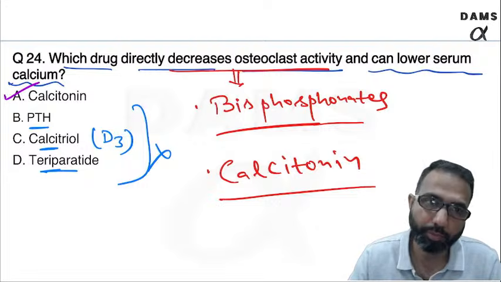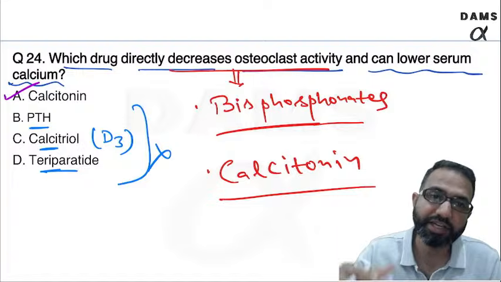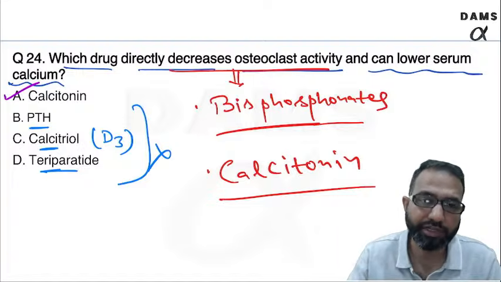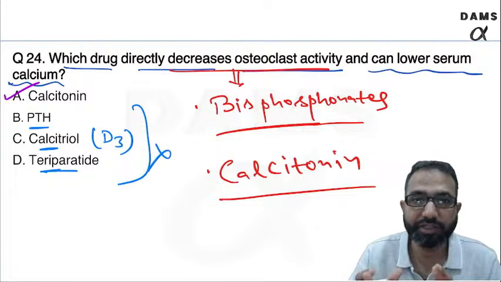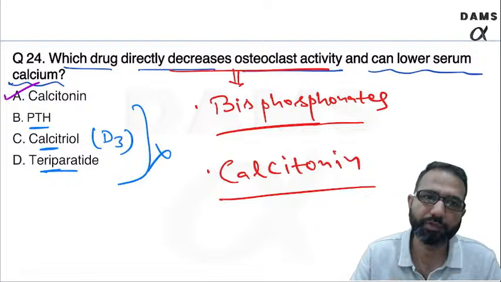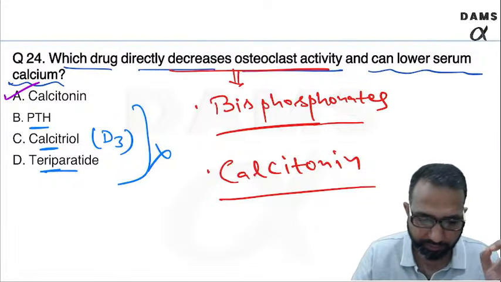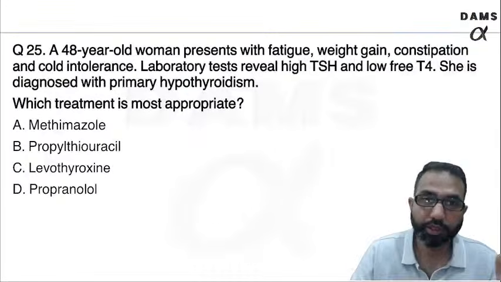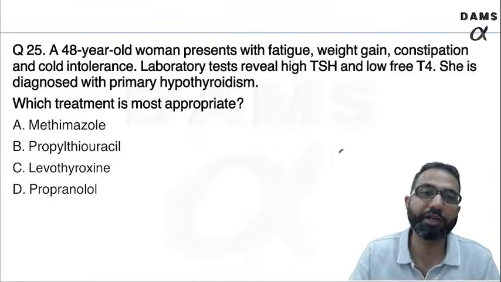They help in bone formation. PTH is acting on the kidney. PTH is acting in the bones. So the drug which decreases or slows the osteoclastic activity and lowers the calcium, that is the calcitonin. And that is a very fast acting drug, and that is the first drug to be given in acute hypercalcemia.